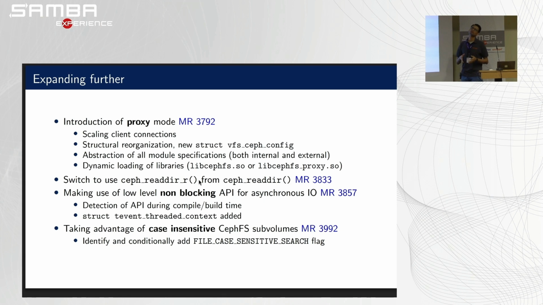Anyway, we use a particular flag to mark it as file case insensitive based on a particular extended attribute that we can fetch from the CephFS subvolume. So we get to know whether the underlying file system can act as a case insensitive file system or not.